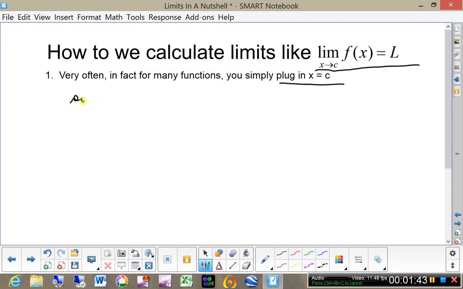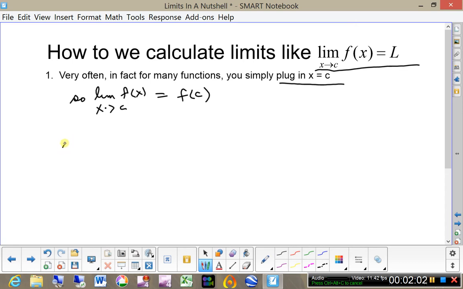So the limit of f of x as x approaches c equals f at c. So some examples.